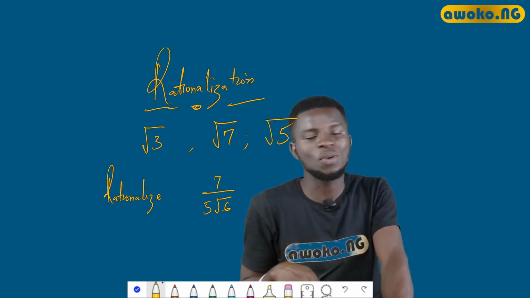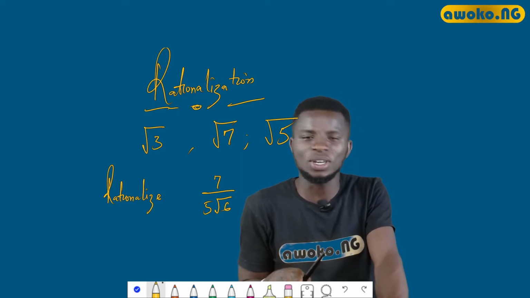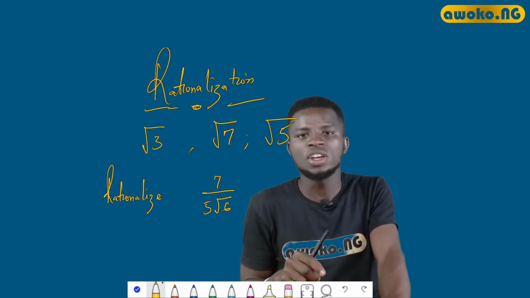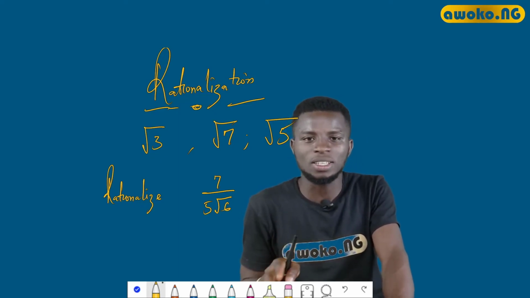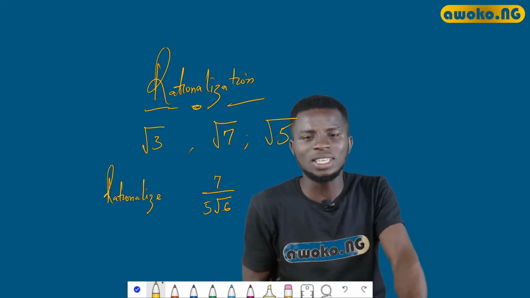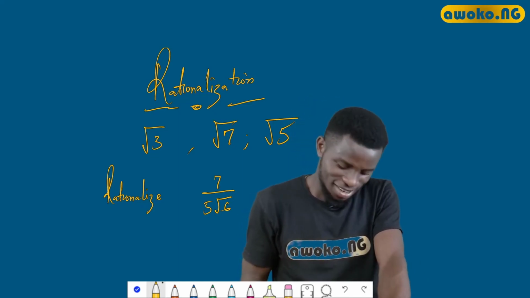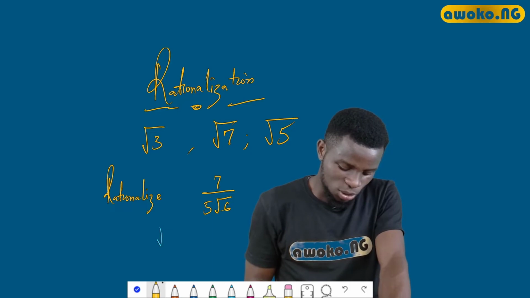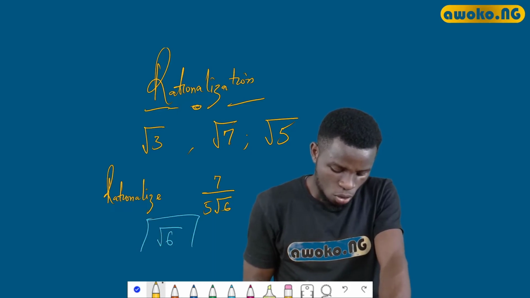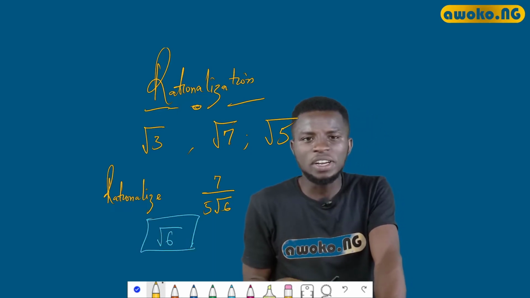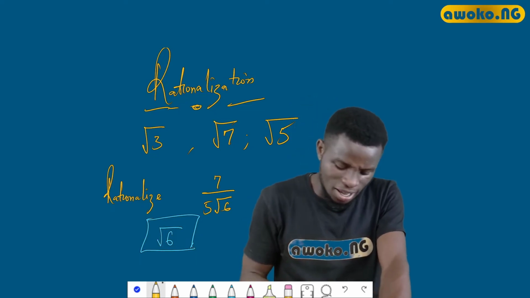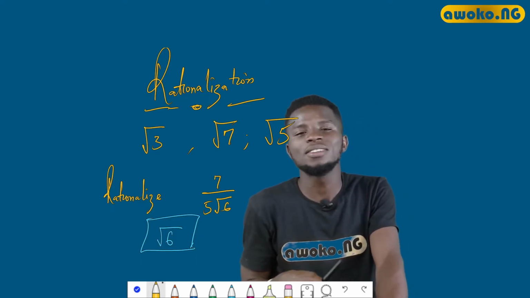Remember we said that when we are talking about rationalization, our main focus is to look for a way to remove the irrational part from the denominator. What is the irrational part in this case? The irrational part, of course, is the square root of 6. So, invariably, they're asking you to find a way to remove root 6 from the denominator.